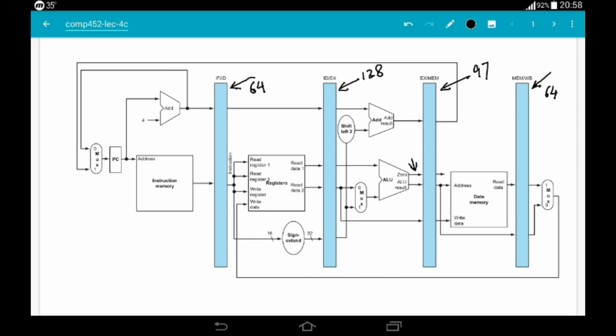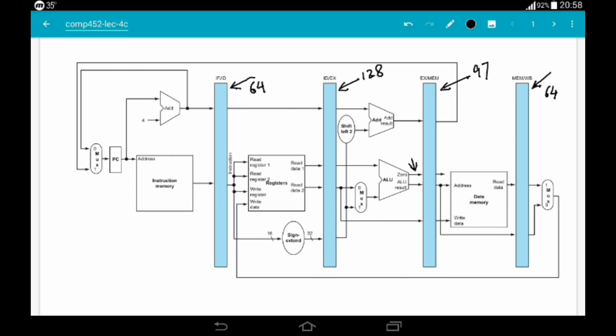And if you remember, we said that we need these registers so that we can preserve the information which is going to be used in a later pipeline stage while executing the instruction that is in that particular pipeline stage.